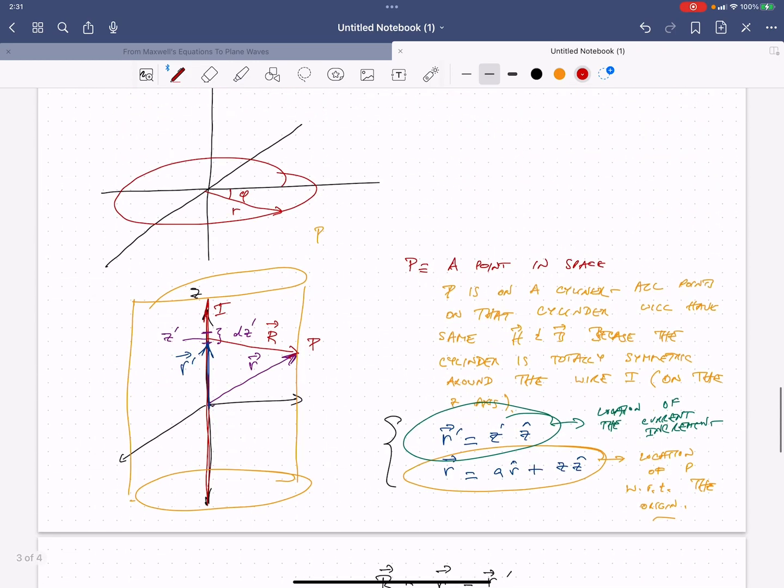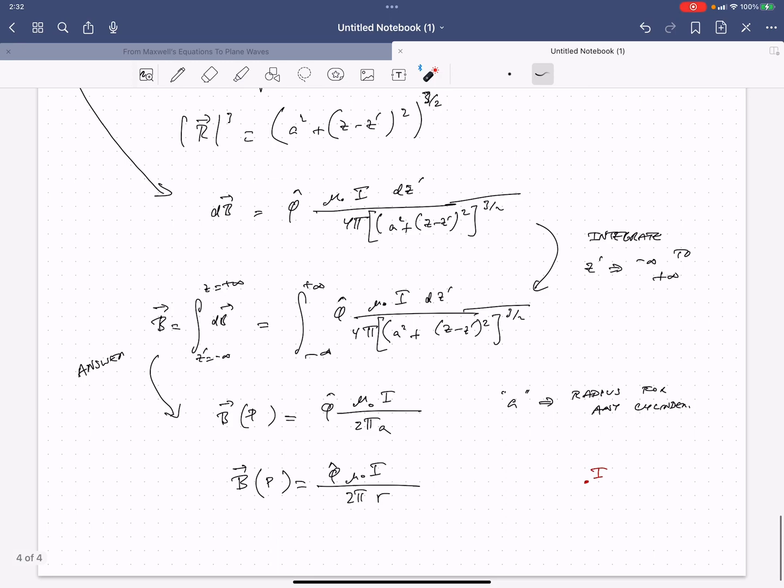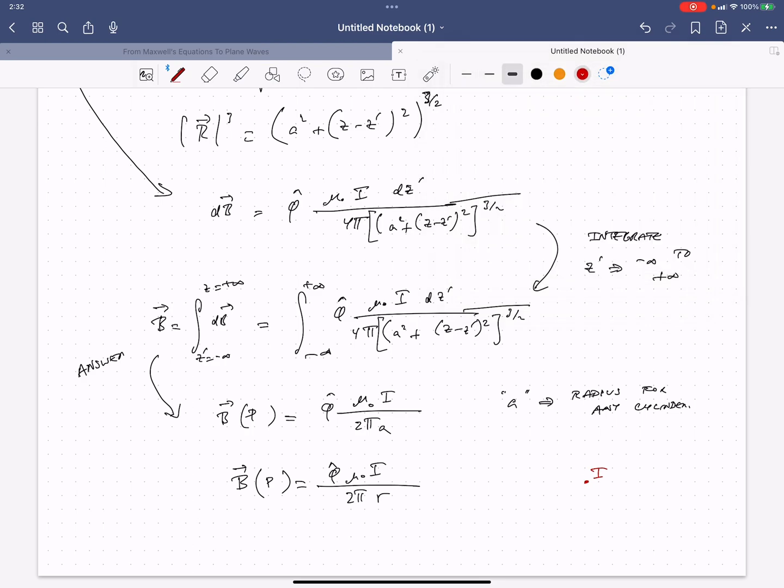It's the same line, except I'm looking at it from the top down. So looking from the top down, I'm going to see a bunch of magnetic field lines.